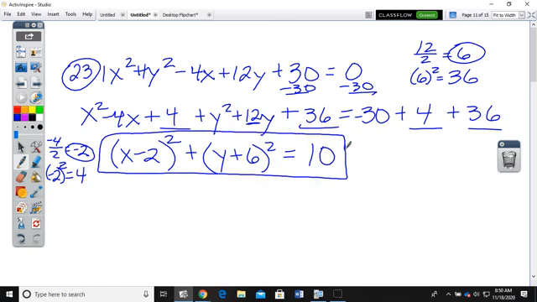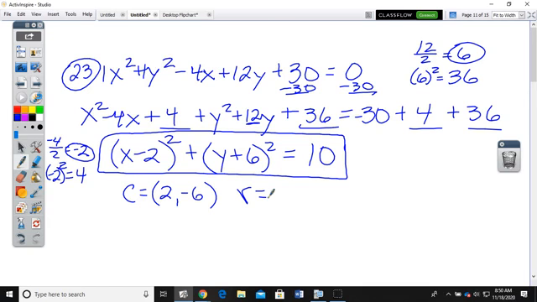Okay? Not too bad, huh? Everybody good? What's my center? 2, -6. And what is my radius? Remember, what is that equal to?